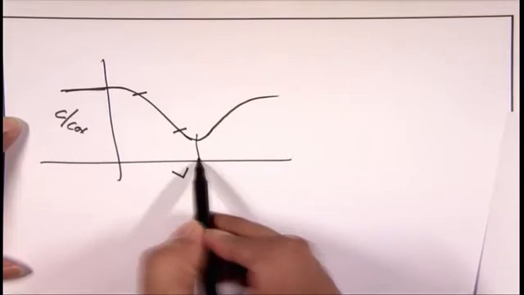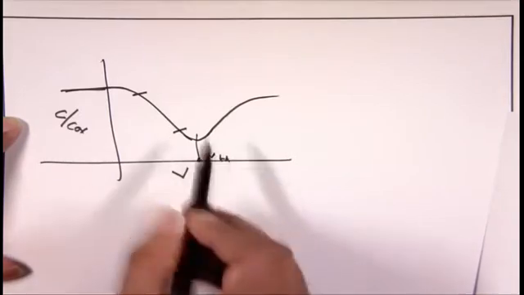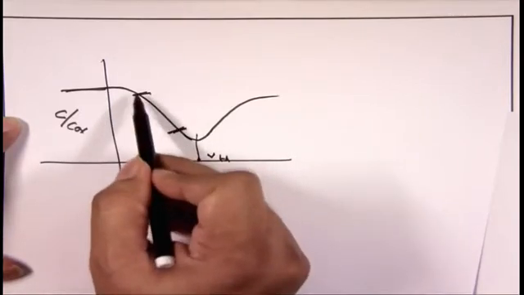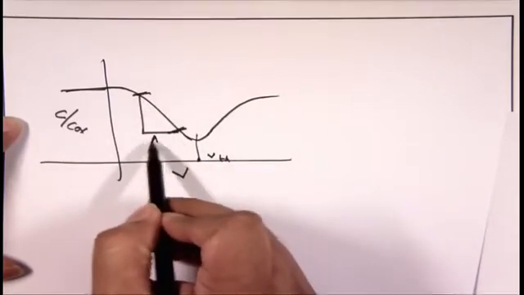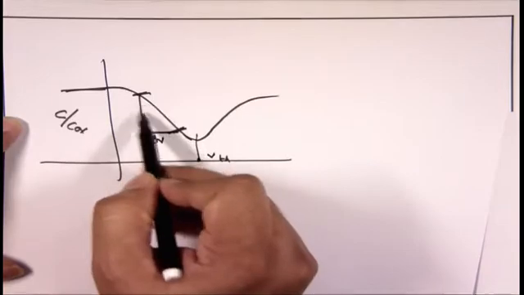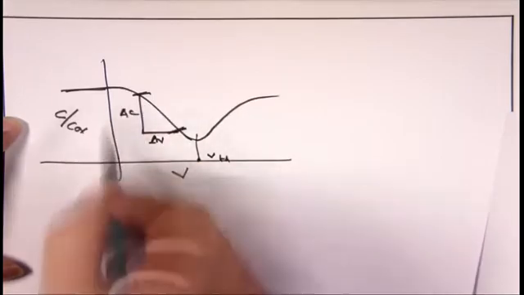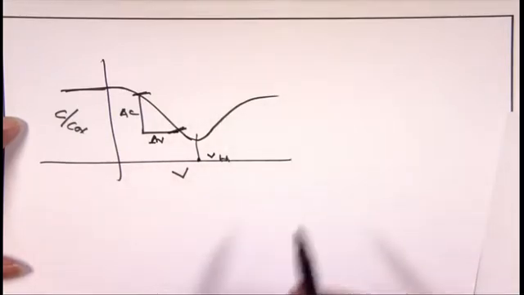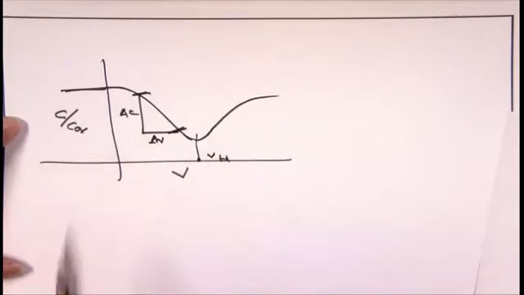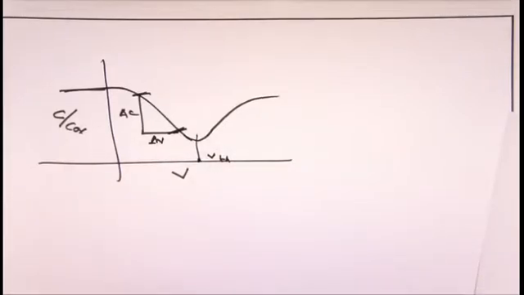This is your VTH. I say that you have the linear region here. If you take the slope here, that is your delta F over delta V, and that delta V and delta C introduce the corresponding change in the frequency. Okay?